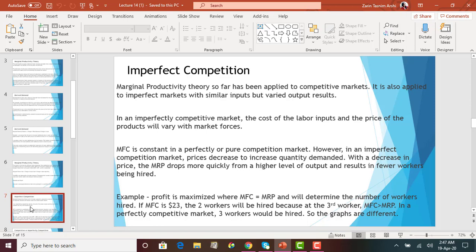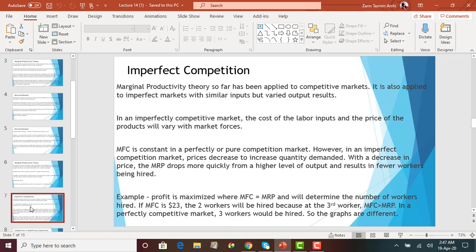But with prices going down, although output is going up, revenue will not go up that much. So the drop in marginal revenue product will be higher. As a result, in imperfect competition, they will hire fewer workers. Okay, so that's what they are trying to say.